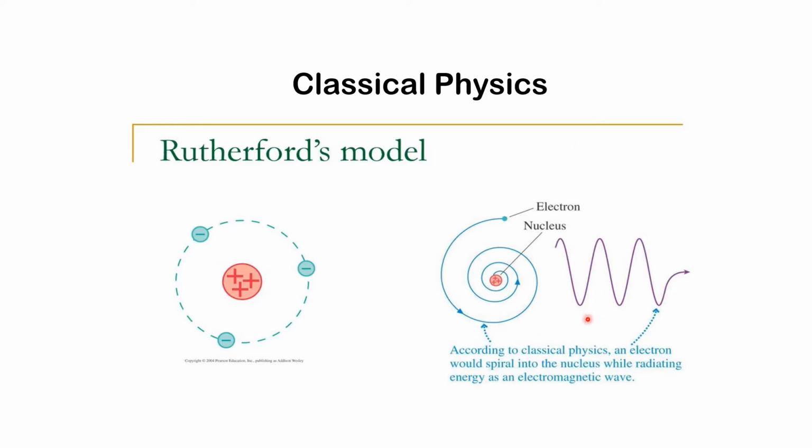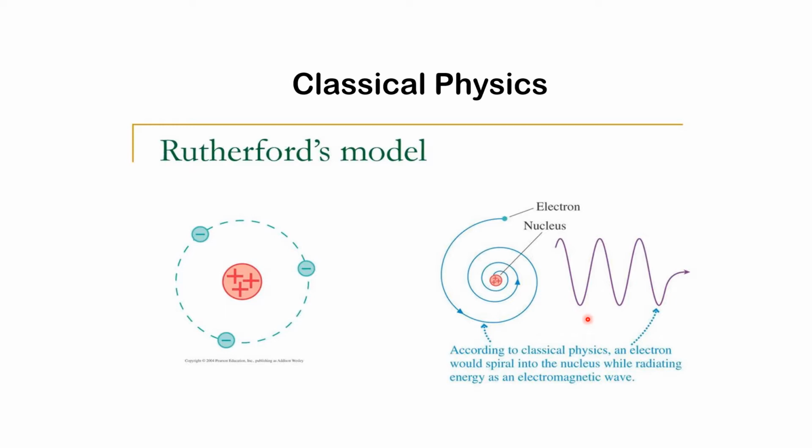So what happens here is when the electron keeps on revolving around the nucleus of an atom, it continuously emits electromagnetic waves and eventually loses all of its energy and may fall into the nucleus of the atom, which makes the atom unstable. So this implies that life doesn't exist on Earth.